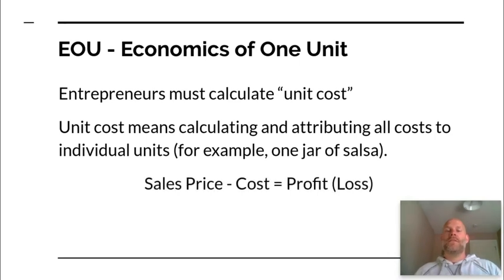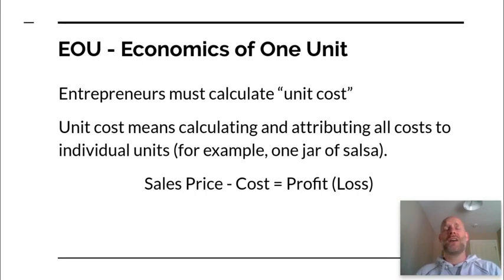We'll get into that in a little more detail, but let's talk about how to calculate profit. You guys probably know this. It's very simple. To calculate your profit, you basically take your sales price. For example, my jars of salsa go for $5 each, and then subtract out the cost.